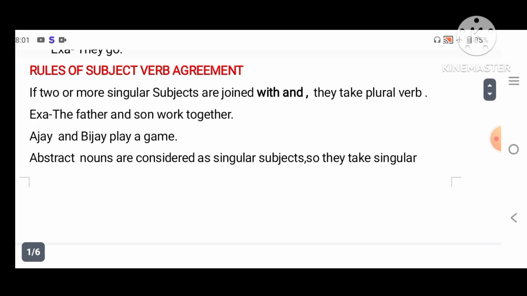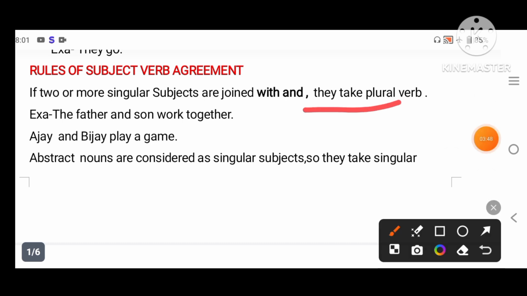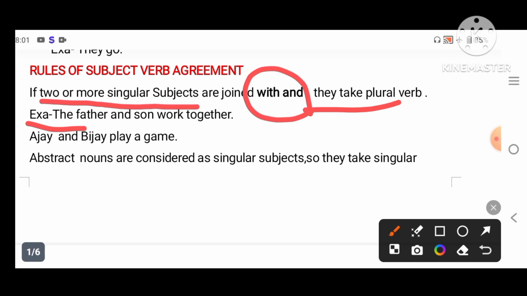If two or more singular subjects are joined with and, they take a plural verb. Look at this example. Ajoy and Bijoy are two different persons. They play a game. Here the verb is plural.